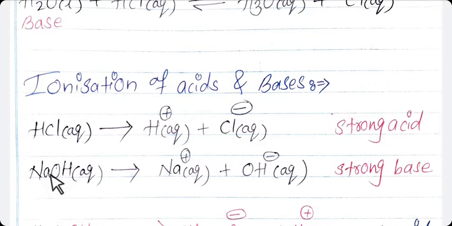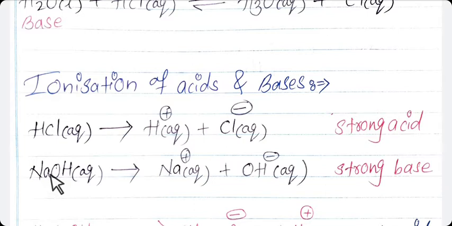For example, when any acid is completely dissociated in water, or any base is completely dissociated in water, these acids and bases are called strong acids and bases. It means strong acids and bases are almost completely dissociated in water.